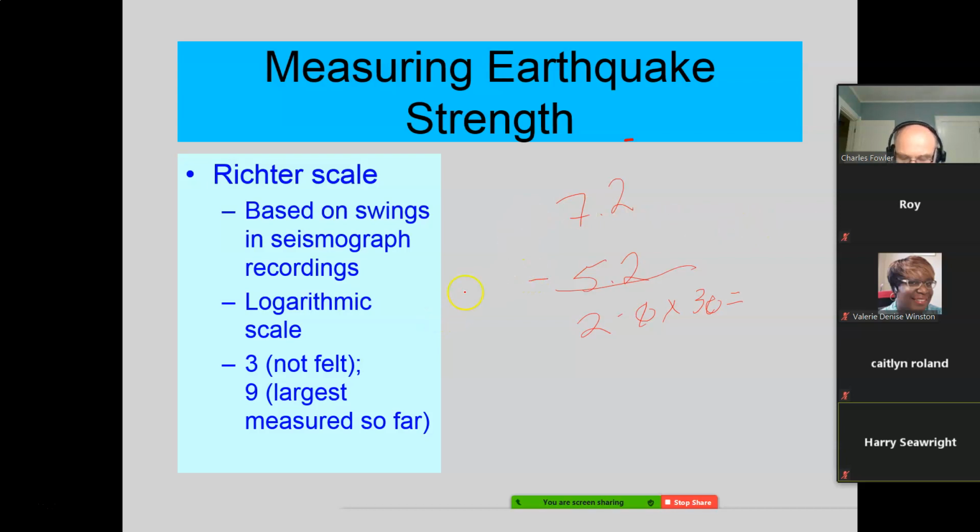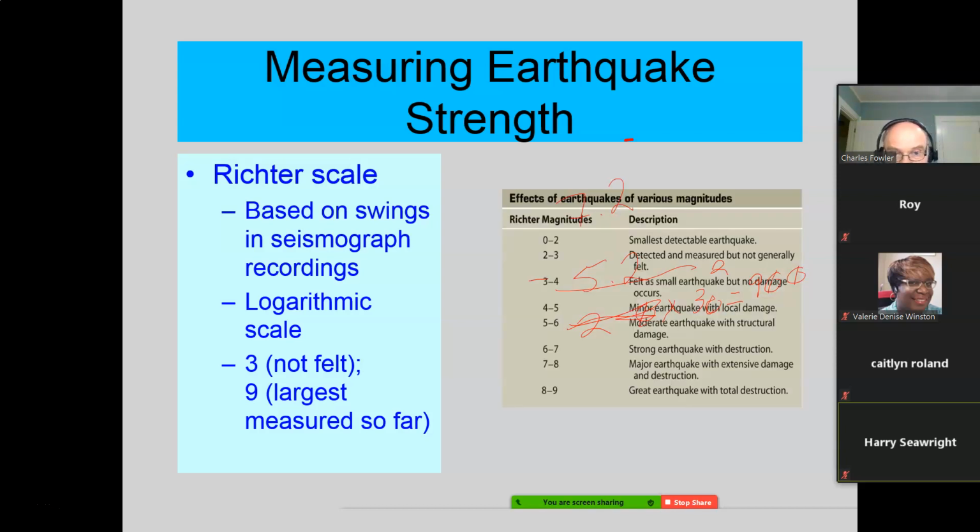I mean, that's what I meant to say. I can't erase with this thing, or I haven't figured out how to yet. It's 30 raised to the power of 2, which would be 900. Every number that it goes up is another 30, and then 30 times 30 is 900. Okay, so 900 times more energy in a 7.2 than it was in a 5.2. Remember, a 5.2 is a fairly reasonable quake. It was a moderate earthquake with structural damage. A 7.2, major earthquake with extensive damage and destruction. 900 times the energy released.